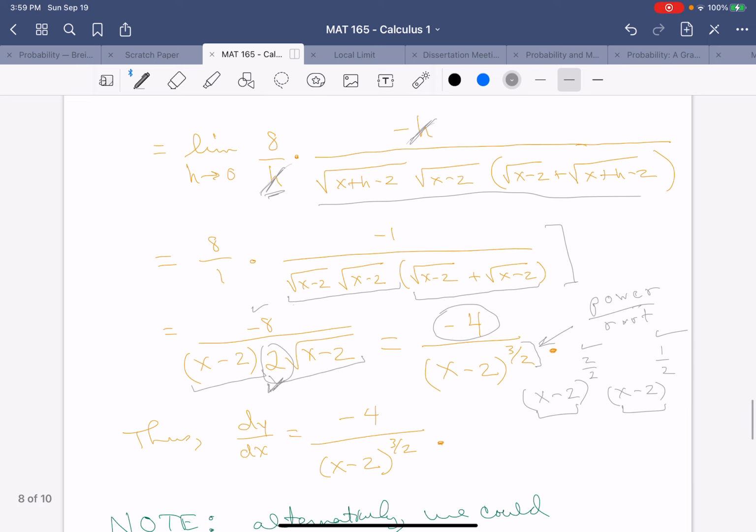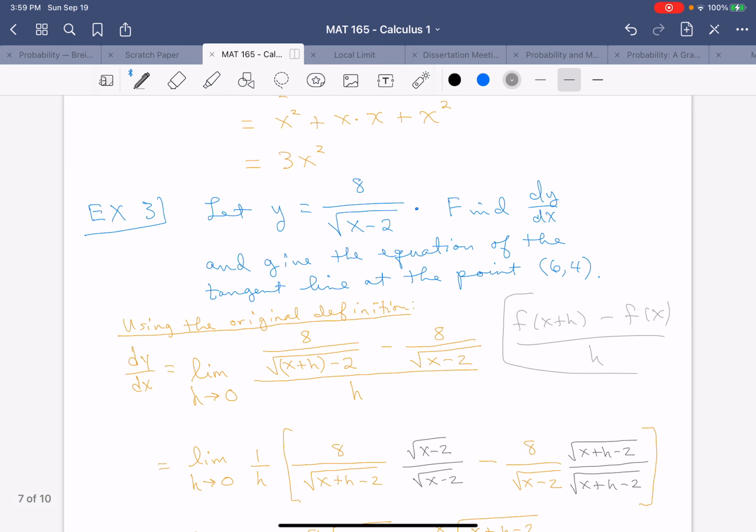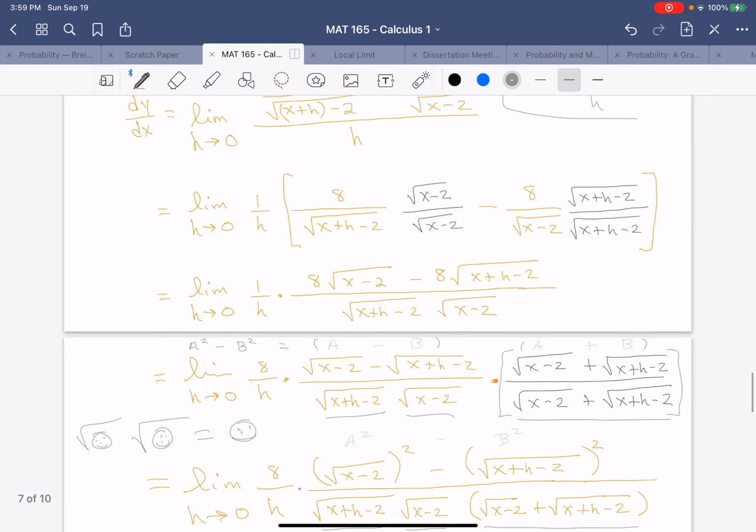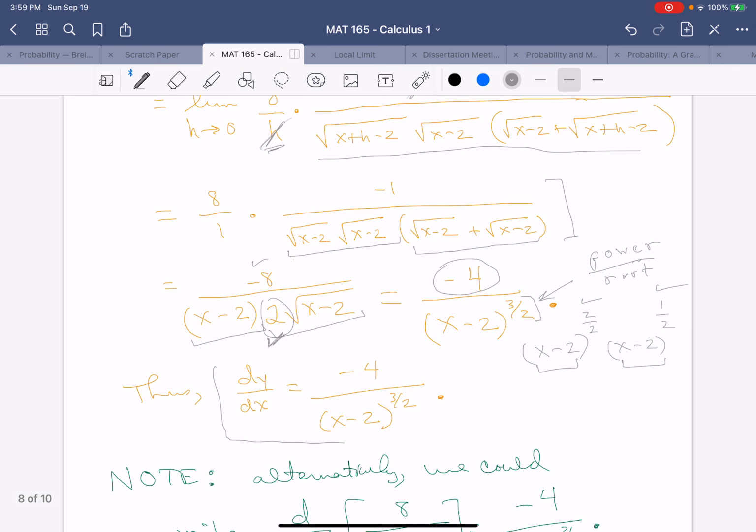Okay, so again, if y, our original function, is y equals 8 over square root of x minus 2, then the derivative is dy dx, and we've just determined that dy dx is equal to negative 4 over x minus 2 to the 3 halves power.